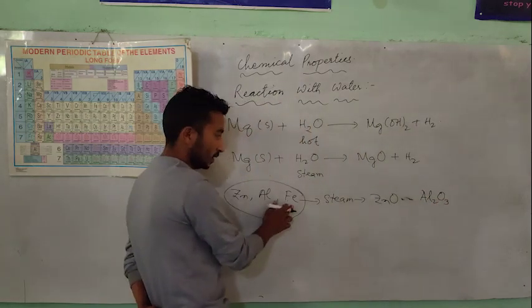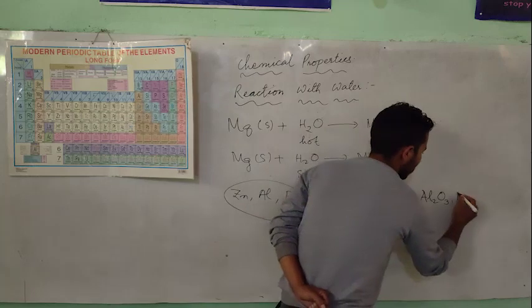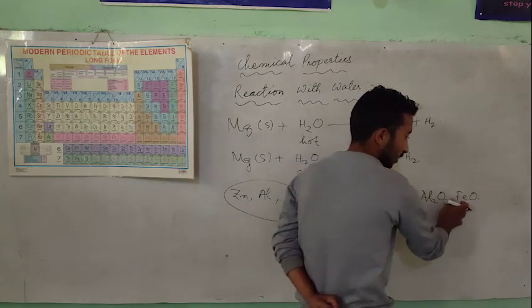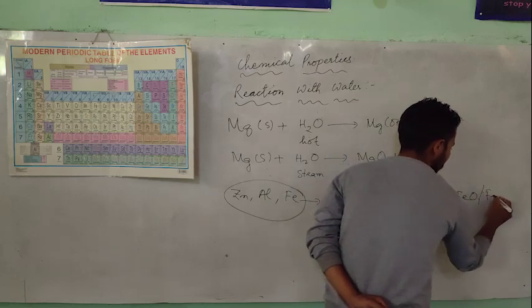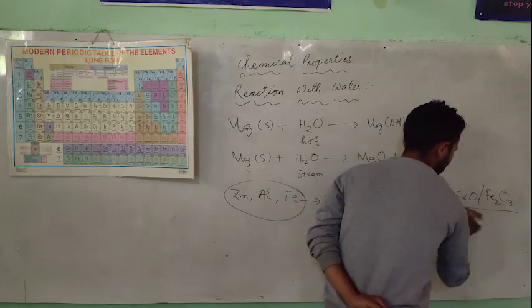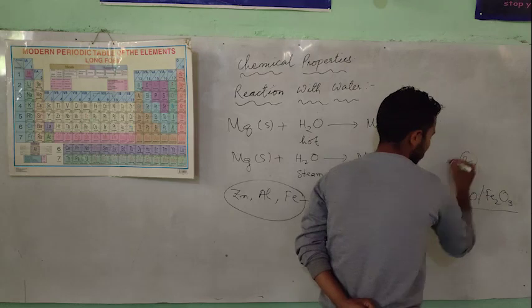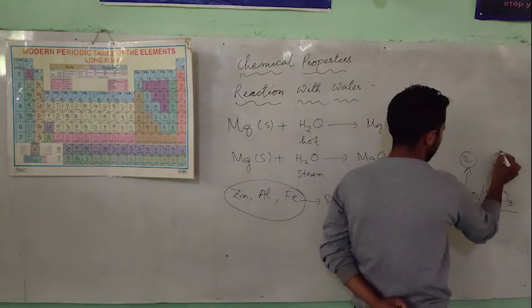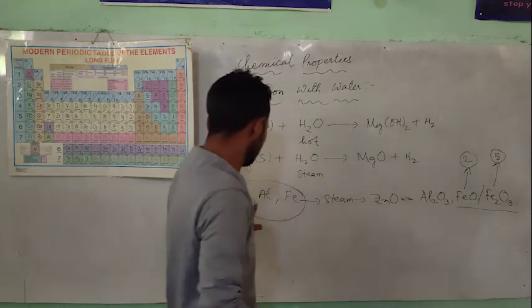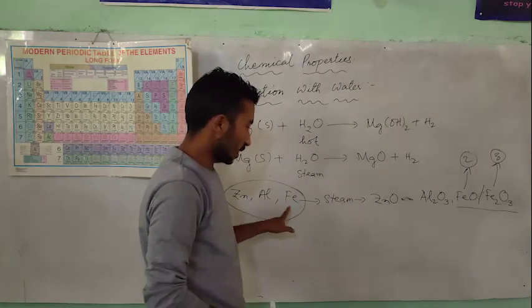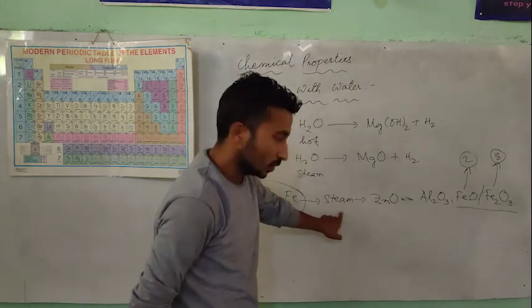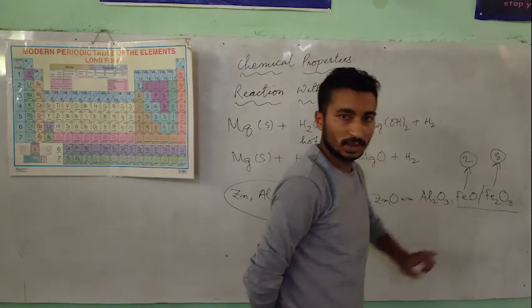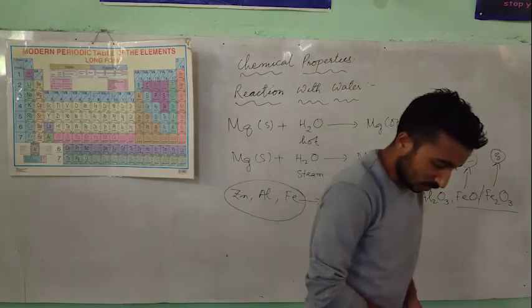When iron reacts with steam, iron oxide is formed. Iron oxide will be in two forms: FeO or Fe2O3. When the valency of iron is 2, it forms FeO. When the valency of iron is 3, it forms Fe2O3. So zinc, aluminium and iron react with steam to form zinc oxide, aluminium oxide and iron oxide. This is about reaction with water.